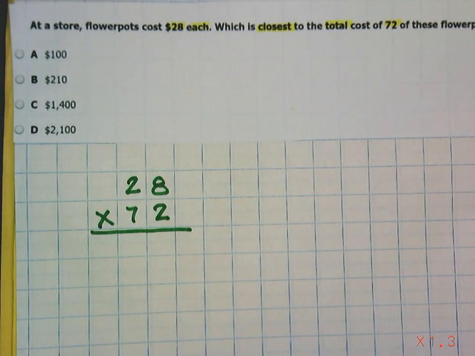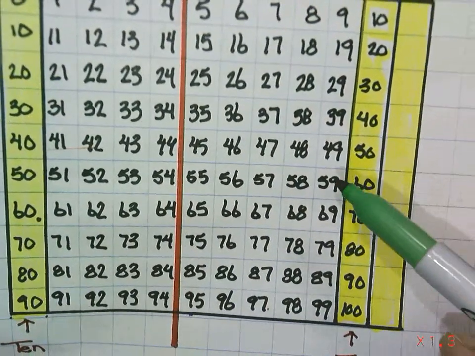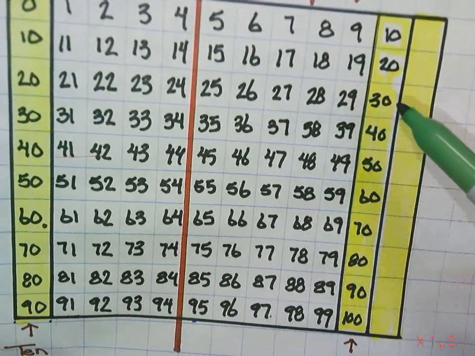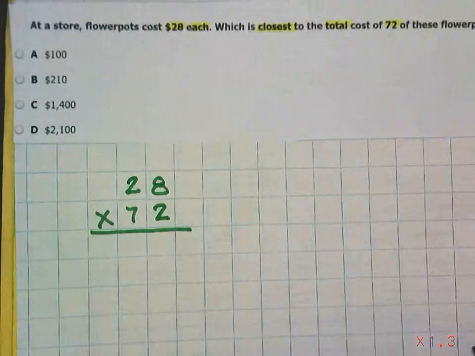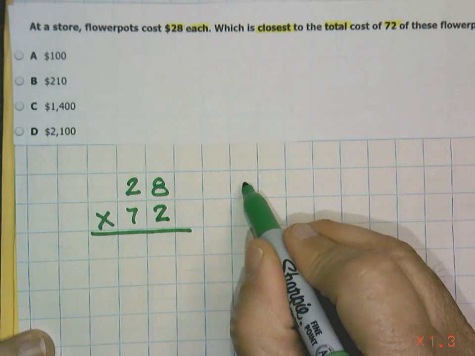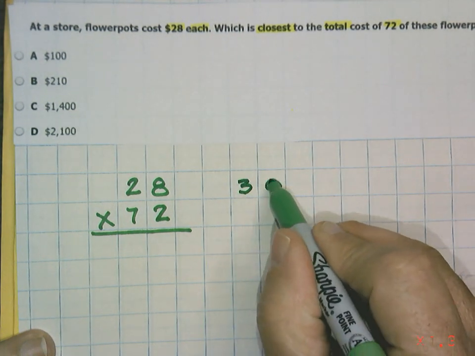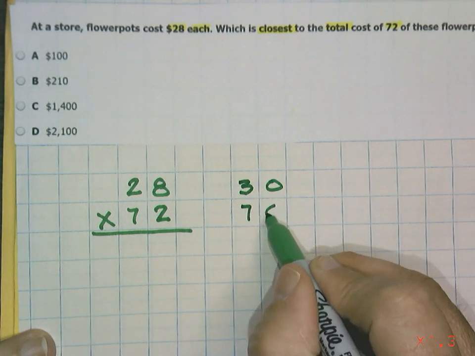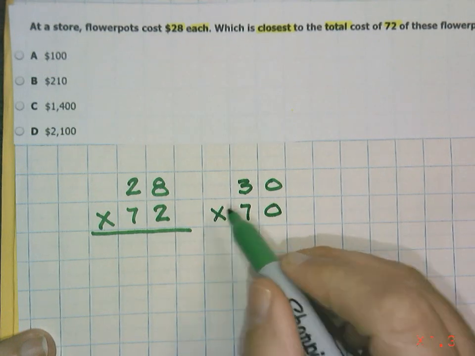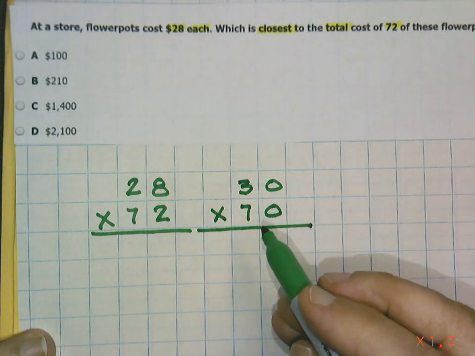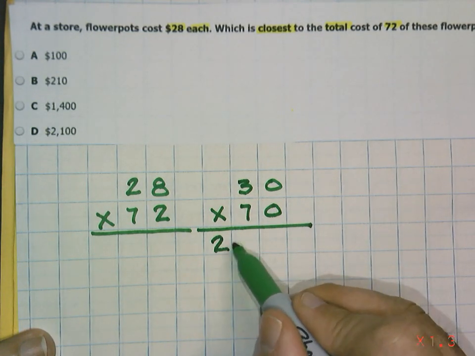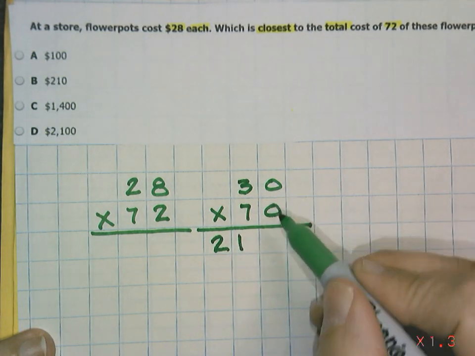I know that 28 rounds to 30 and 72 rounds to 70, but just let me show you. 28 will round to 30, and then 72 rounds to 70. Three times 7 is 21, and then 1, 2 zeros.